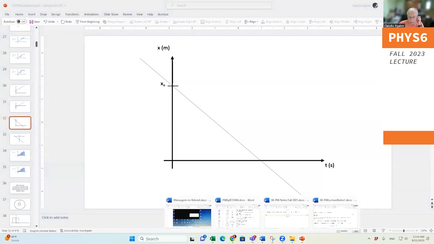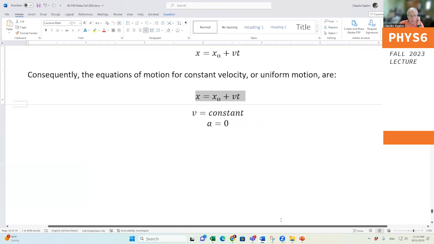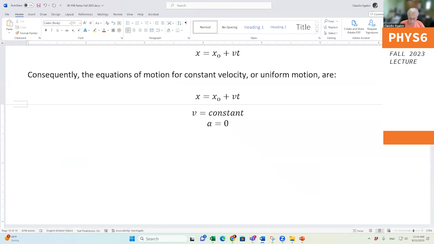What else can we have here? Let's do an example.